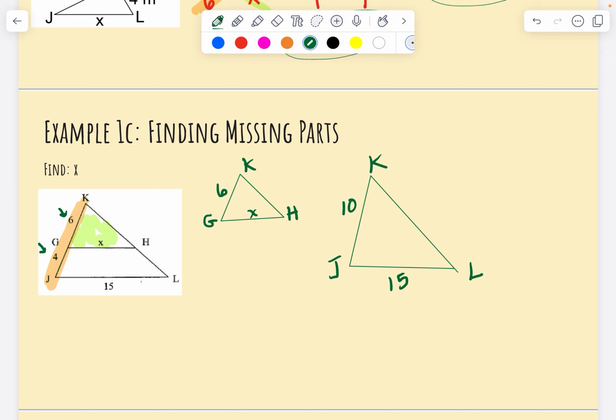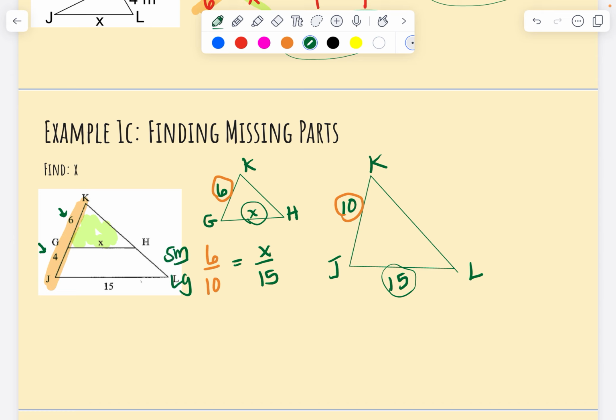So setting up my proportion here, I'm going to say 6 divided by 10, because those sides are corresponding, equals X divided by 15, because those sides are corresponding. There's many ways you could have done this. I did this with the small triangle on top and the large triangle on the bottom.